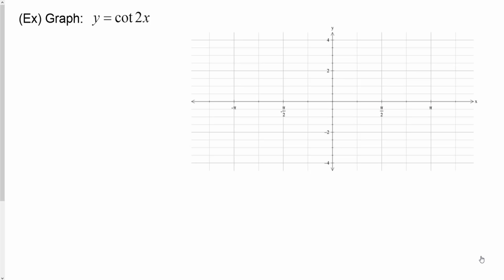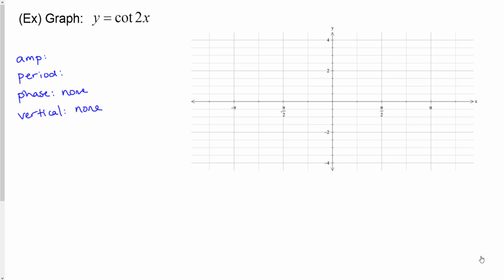So let's take a look at drawing some graphs, starting with a cotangent graph. So the different changes that we are normally working with, changes in amplitude, period, phase shift, and vertical shift. There's no vertical shift in this case. There's no phase shift in this case. Amplitude, we generally don't see that as even a change with tangent and cotangent, so you generally don't have to worry about it.